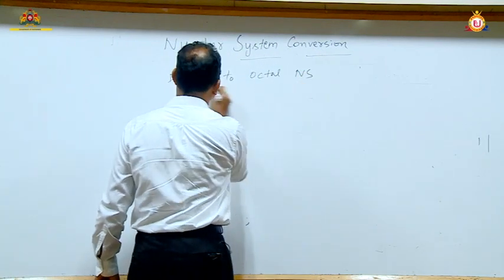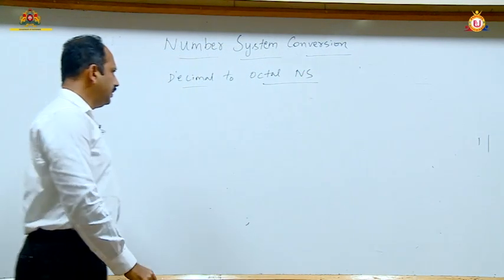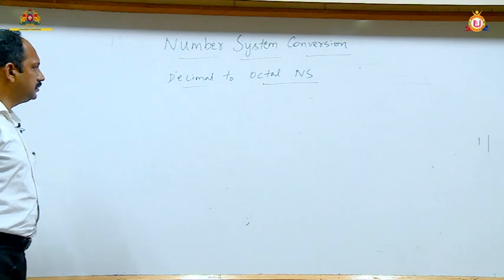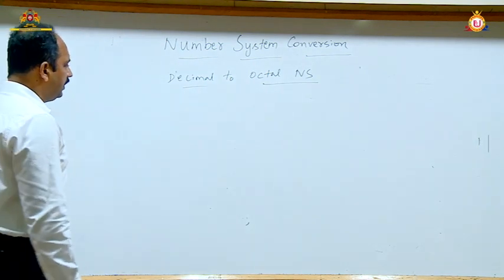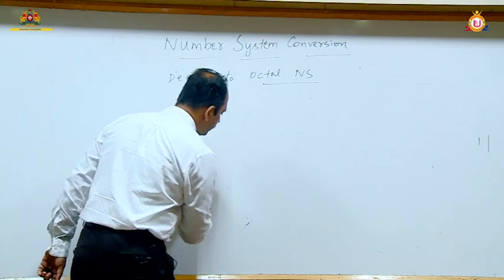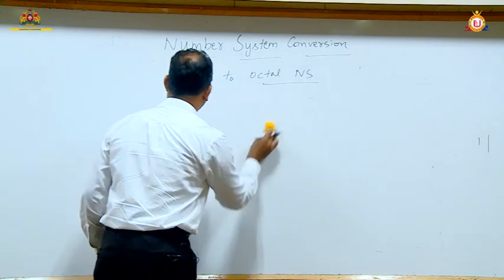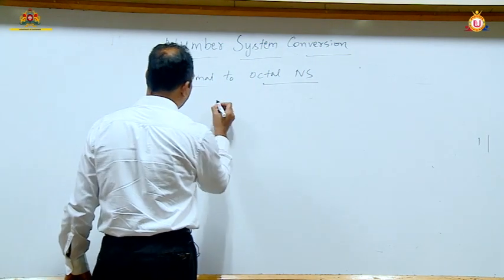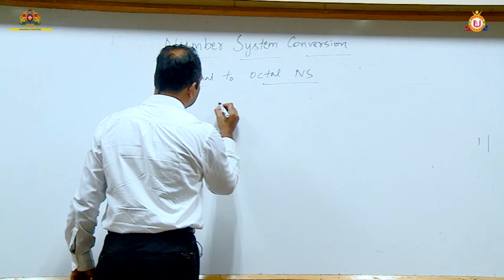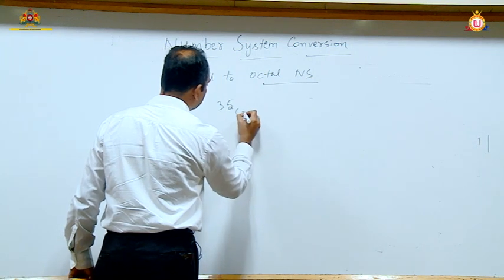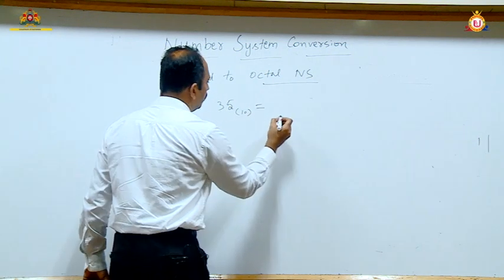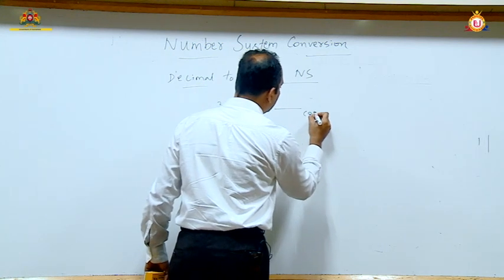Octal number system, decimal number to octal number system. Let me take a simple number, say the decimal number 35. What is its octal equivalent?